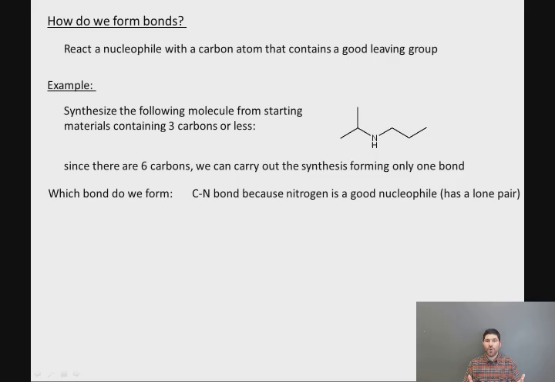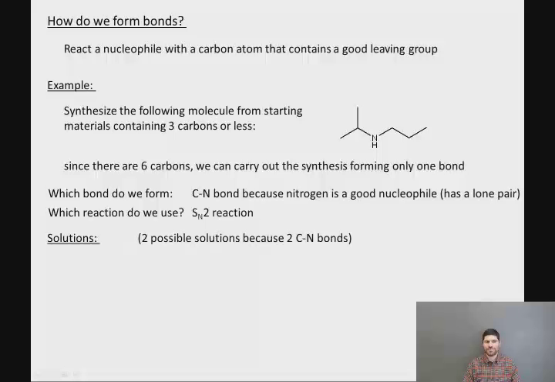Well, we're going to form one of the carbon-nitrogen bonds because nitrogen, having a lone pair, is a good nucleophile and it's primed to react with electrophilic carbon. And of course, the reaction that we're going to use to form the CN bond is the simple SN2 reaction, the first truly organic reaction that we actually learned.